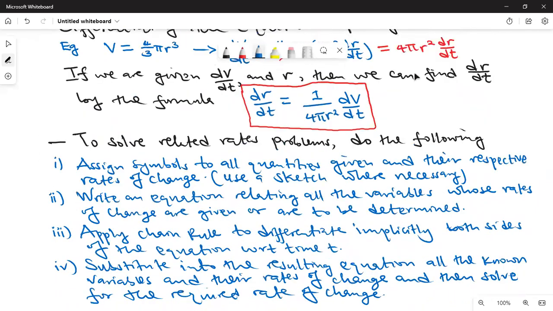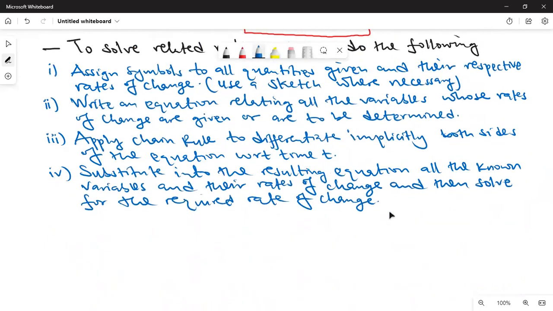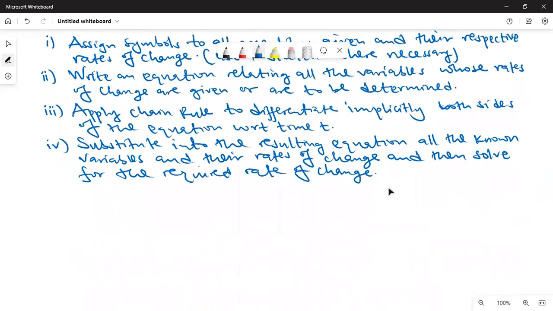Having explained those steps, let's look at an example of a related rates problem. So you'll write here, example number 1.